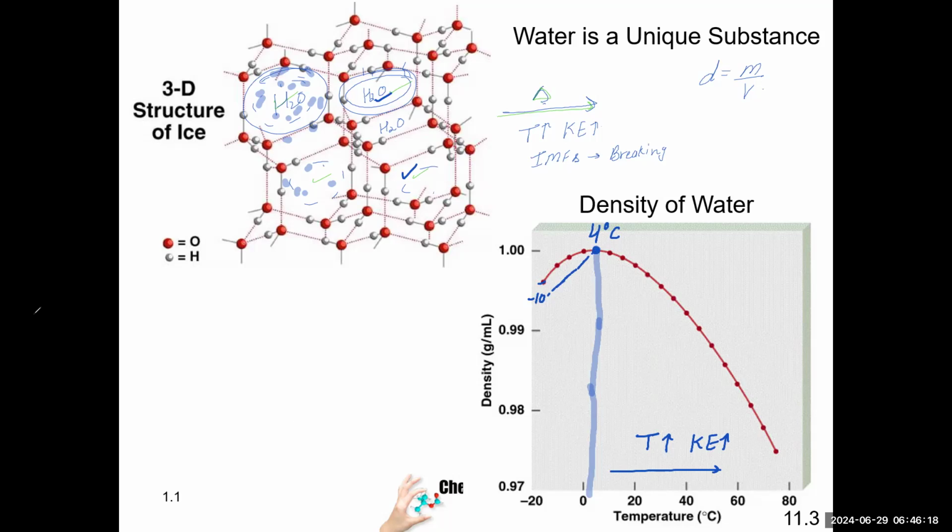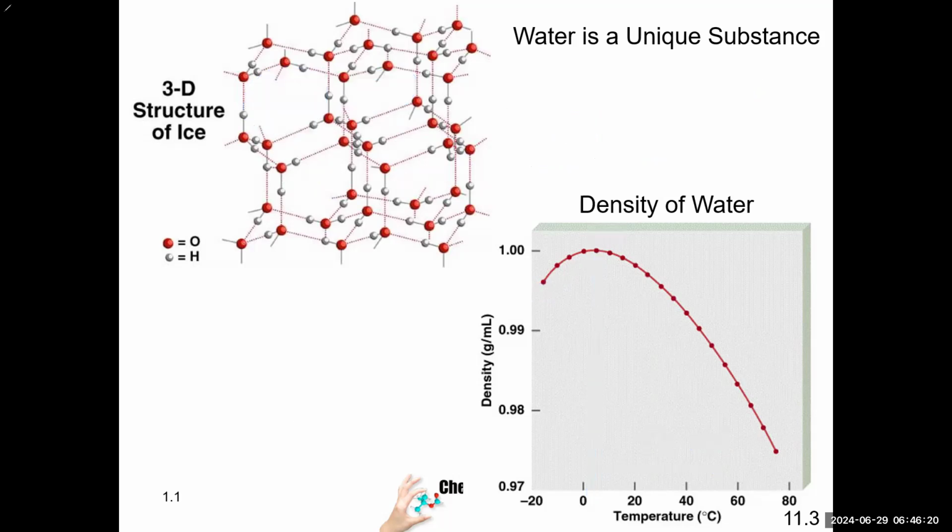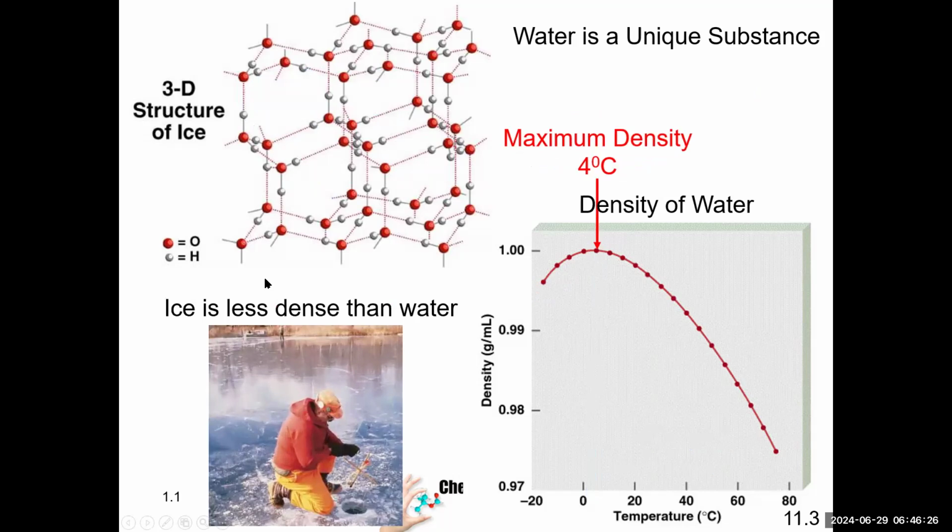And this process of ice having less density than liquid water at low temperature is a life-saving process. How do aquatic animals and aquatic plants survive in extreme cold when the temperature is -20 or -10?